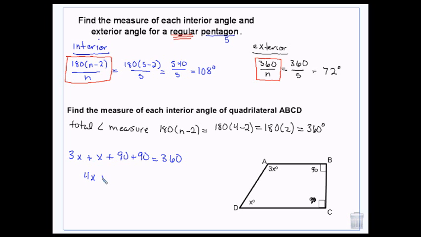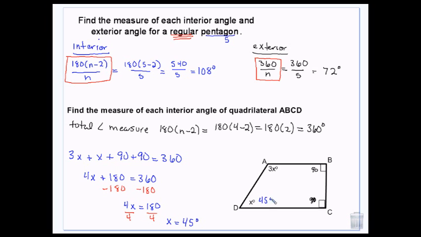So 4x plus 180 will equal 360. I subtract 180 from both sides. 4x is going to equal 180. If I divide by 4, I'll then know x. X is going to equal 45.